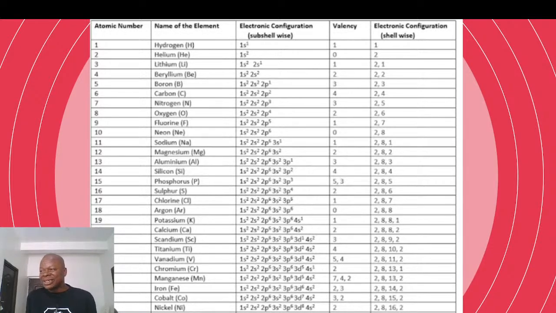Now, I've entered another shell. So if you look at the valence there, the valence is 1 because of the one electron in the outermost shell.